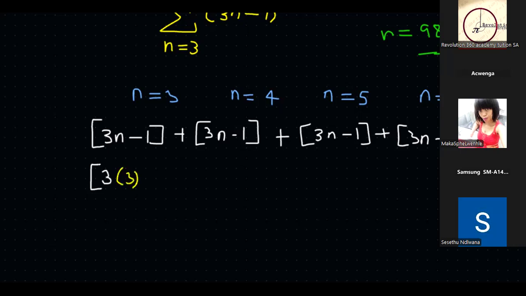Then plus brace, you write 3, and for this one we're going to substitute n equals 4. Then you continue with the formula, minus 1.